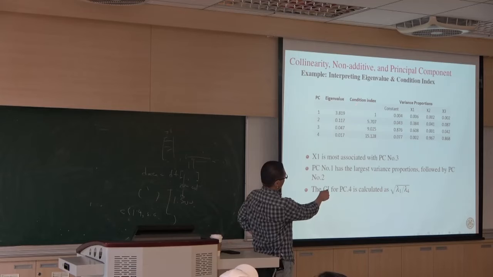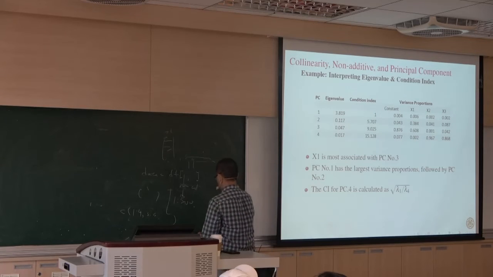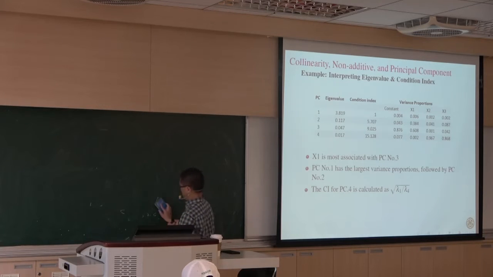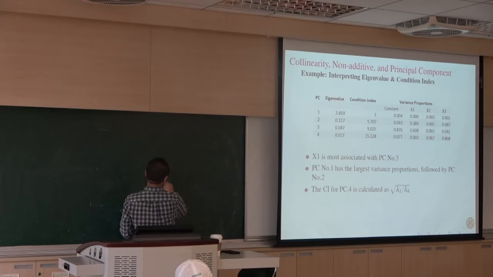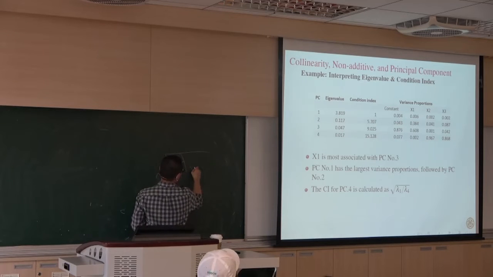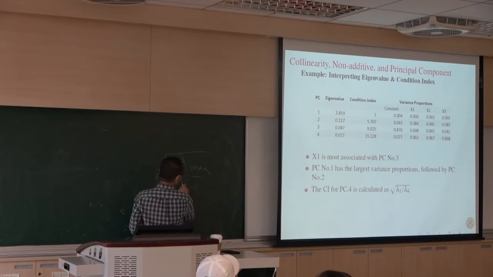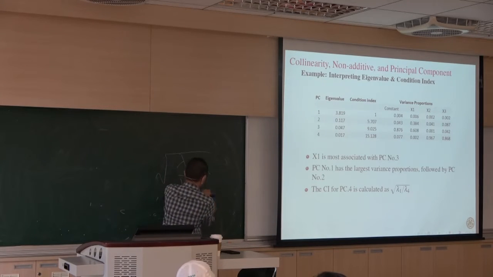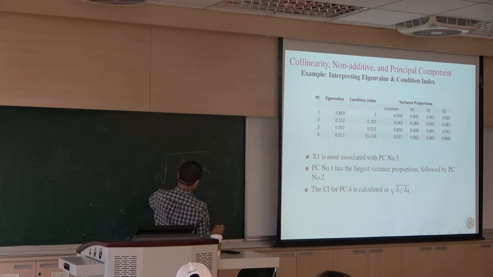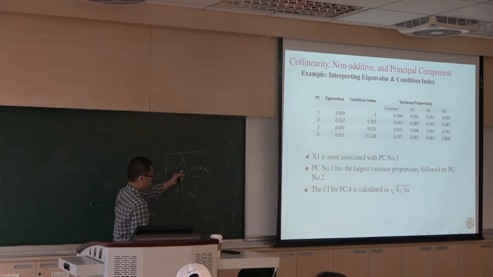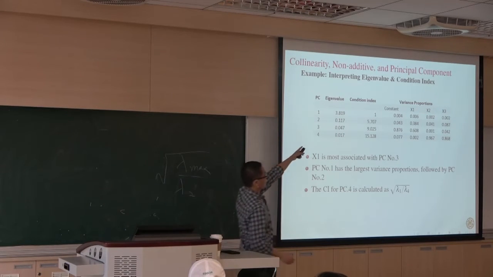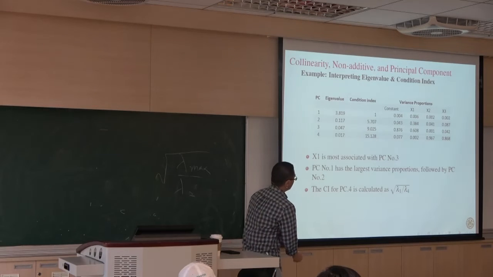So it has a condition index of 1, because the calculation is simply the square root of the largest eigenvalue divided by itself, which is 1. For the second one, the condition index is simply the largest eigenvalue divided by the second eigenvalue, and take the square root of that.